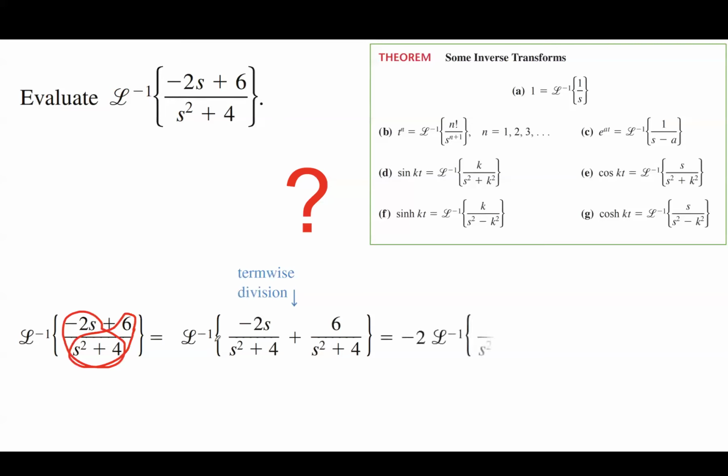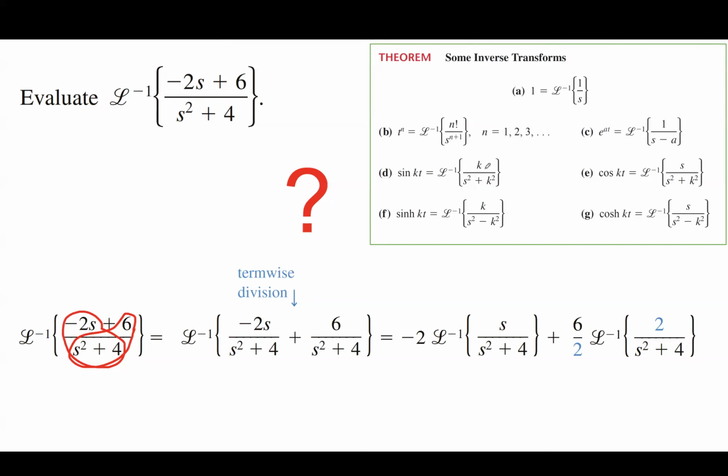Now, since you have an operation, you can separate this into the addition of these two fractions and take negative 2 and write it in front of your inverse Laplace, and then take 6 and write it in front of your operation. For the first fraction, we have s divided by s squared plus 4. So you have s divided by s squared plus k squared. This is similar to cosine of kt. For the second one, you have 6 times the inverse Laplace of 1 divided by s squared plus 4.